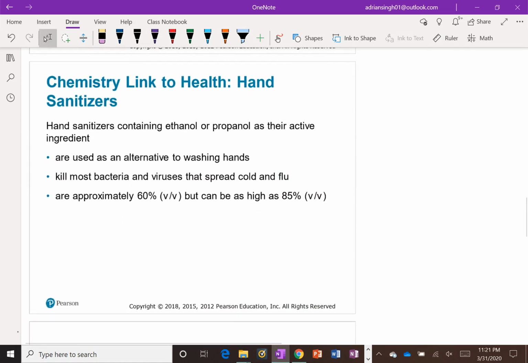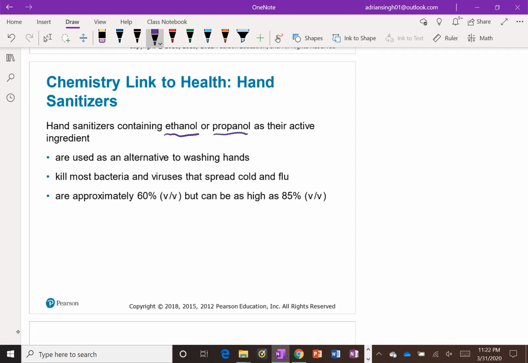We talked in the first part of the chapter about some common alcohols. Some of the properties of the alcohols lend themselves to certain types of uses. And this is especially important now with the whole coronavirus thing going on. There was a shortage of hand sanitizers, for instance. As you probably know, these hand sanitizers contain alcohol, specifically either ethanol or propanol as the active ingredient.